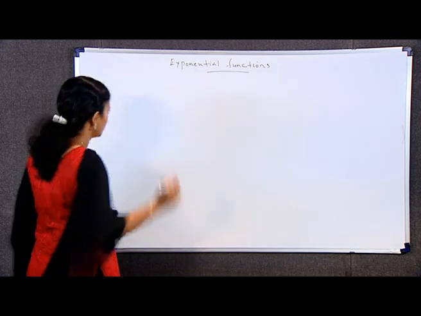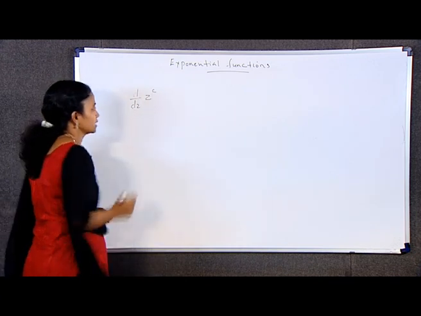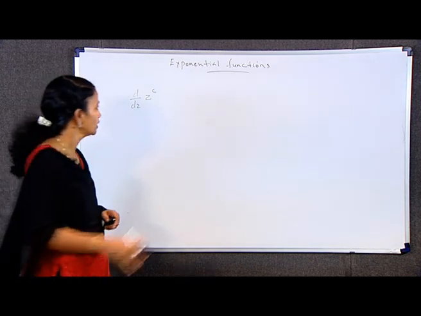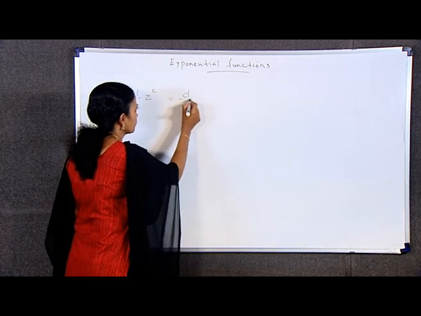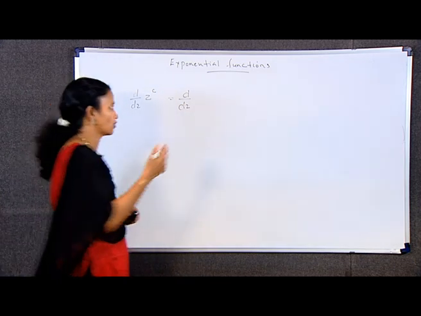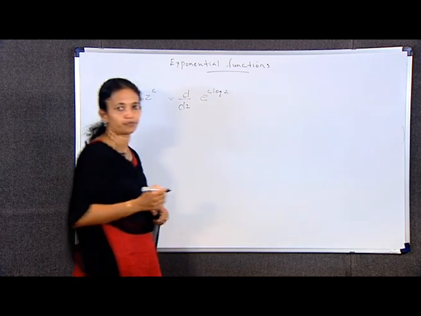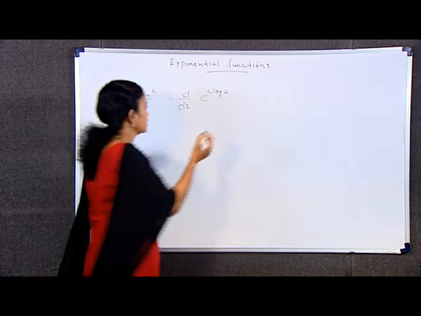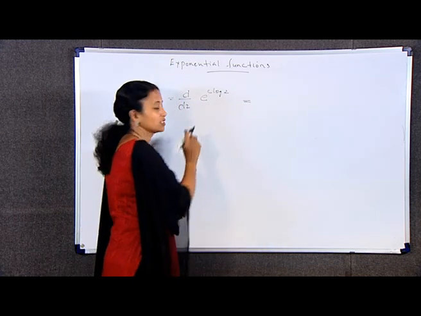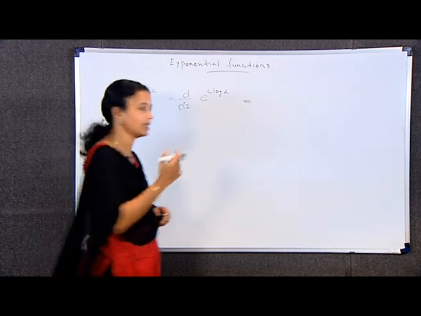That is, d by dz of z raised to c is equal to d by dz of e raised to c log z, which is equal to e raised to c log z times c by z, since the derivative of the exponential is itself.